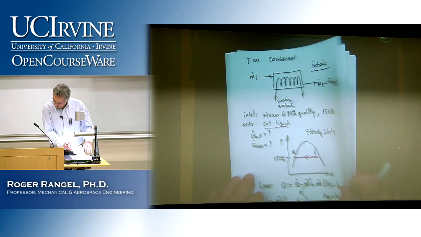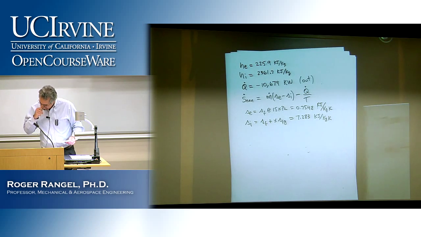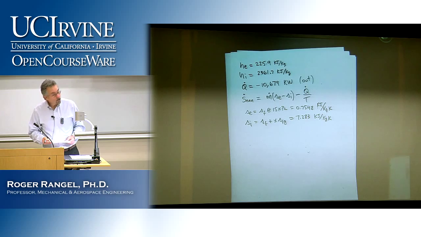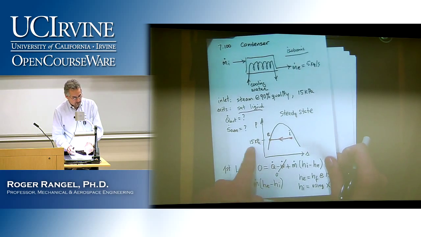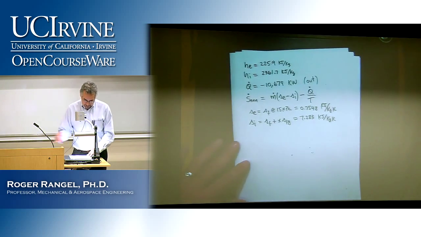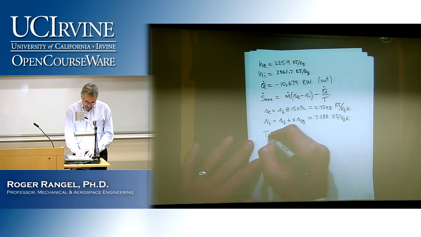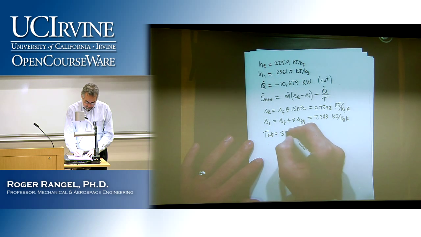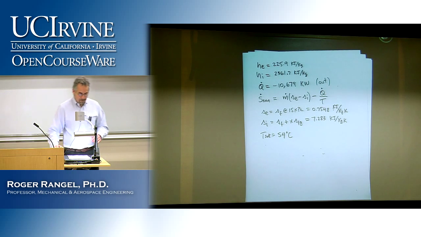That temperature, which you can also read in the table, is 54 Celsius. That's the temperature that corresponds to 15. Let me just write right here. T sat is 54 Celsius.